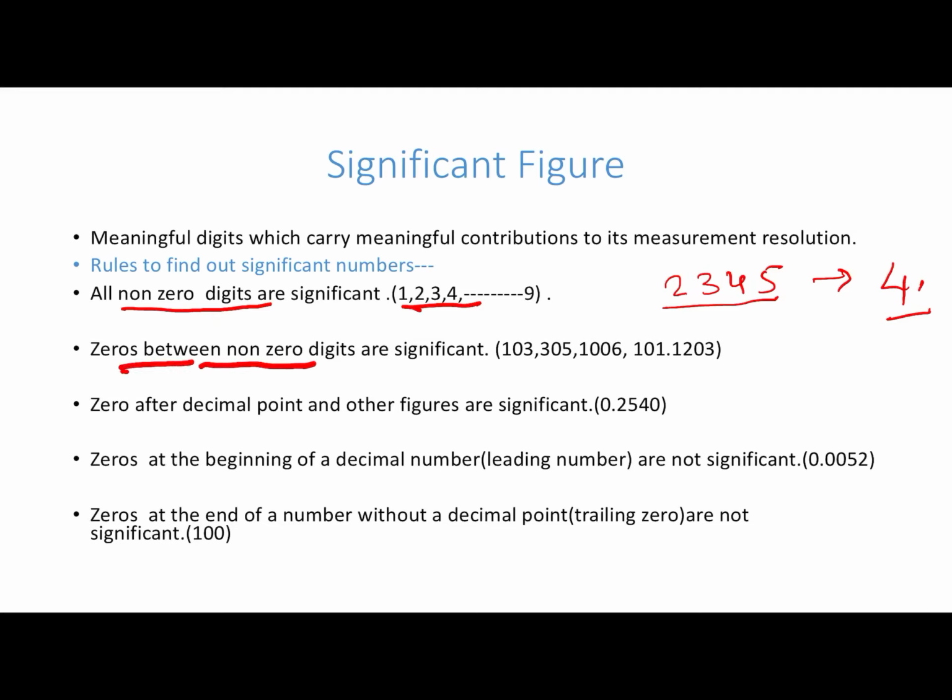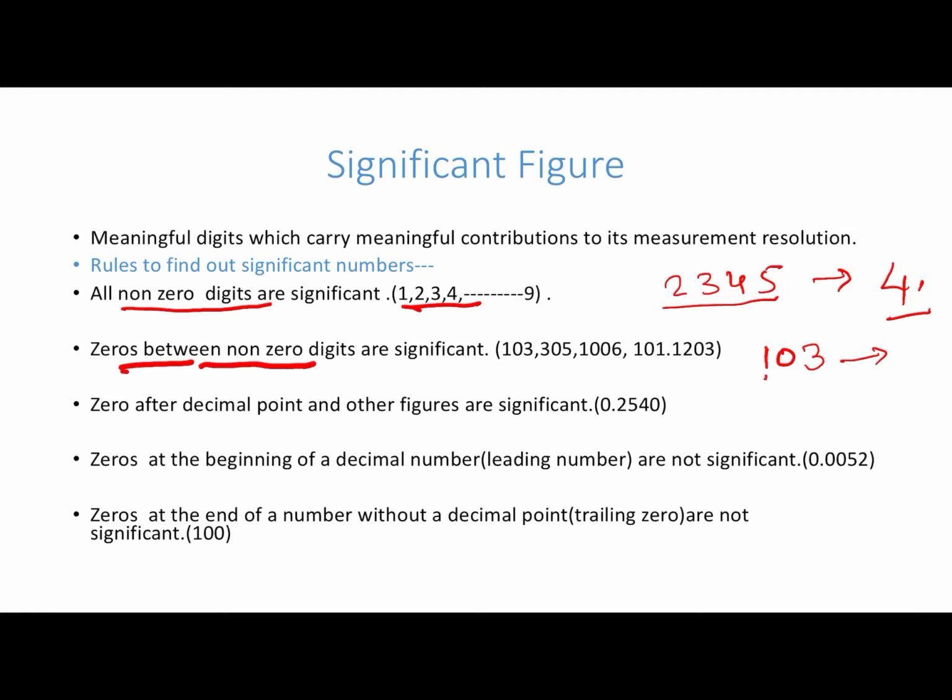These are also called trapped zeros. Suppose I am writing 103. The 0 comes between 1 and 3, so all numbers are meaningful.